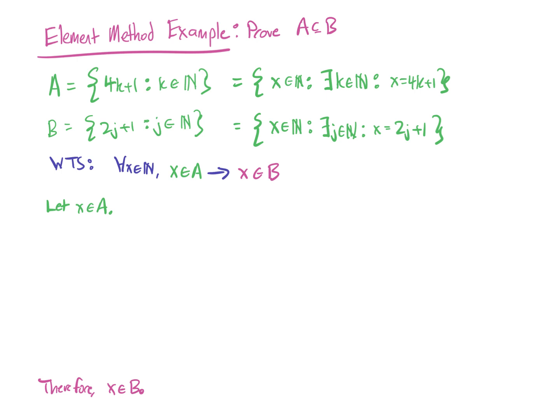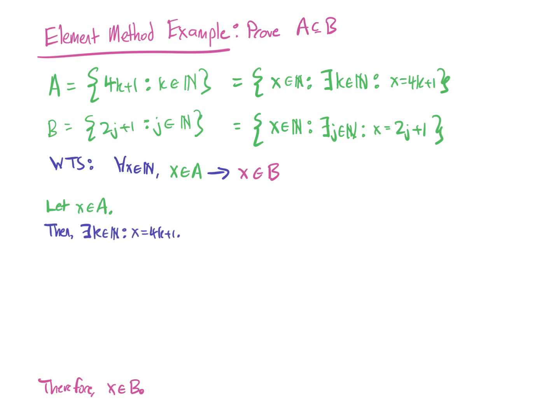Now let's do definitions. So here, I am going to use the set builder notation in order to figure out what my definition is. I'm going to say, okay, if x is an element of A, that must mean there exists a k in the natural numbers such that x equals 4k plus 1.